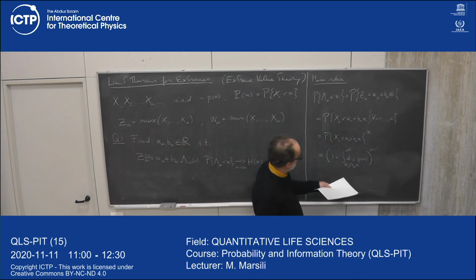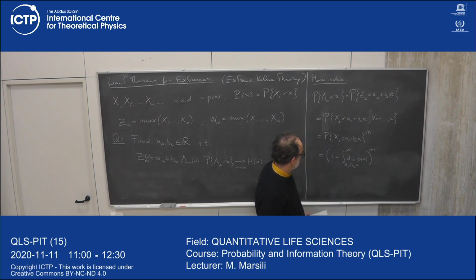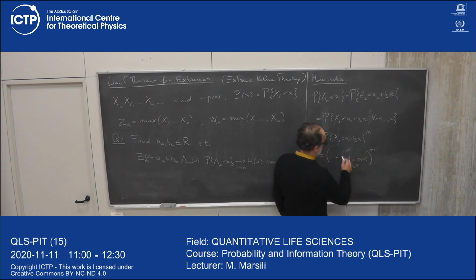Now, if I want a finite limit, if I want to find an and bn such that there is a finite limit here, then this object must be of order 1 over n. Okay?